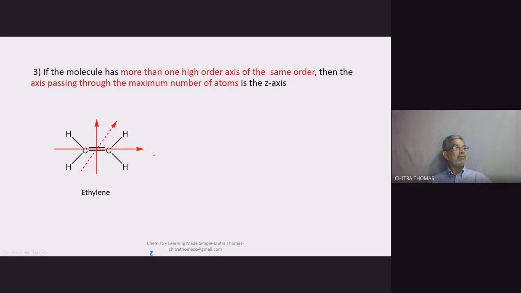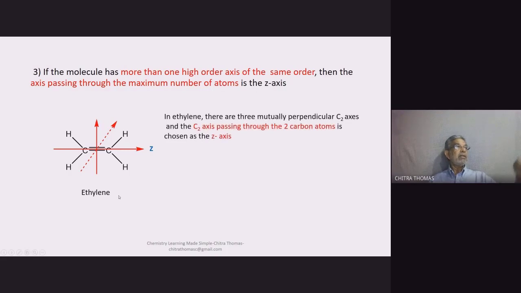So in ethylene, there are three mutually perpendicular C2 axes, and the C2 axis passing through the two carbon atoms is chosen as the Z axis. These statements I have not taken from any textbook, I just interpret the rule. And even though the choice of the Z axis is generally unambiguous, the assignment of the X and Y coordinates is often arbitrary.